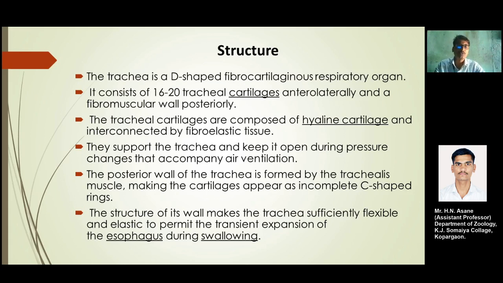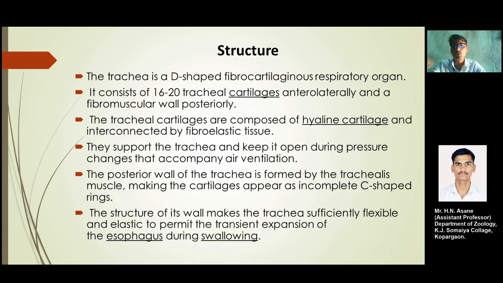Okay, so the posterior wall of the trachea is formed by the trachealis muscles, and these muscles make the cartilages appear as C-shaped rings. If you take a cross section of the trachea, you can see the C-shaped ring. That ring is not complete.